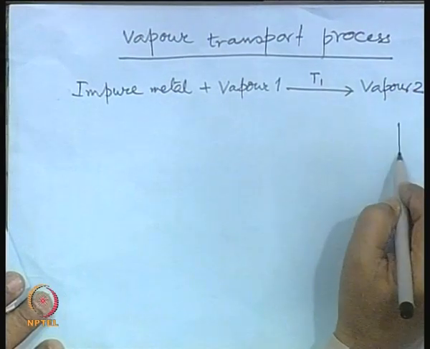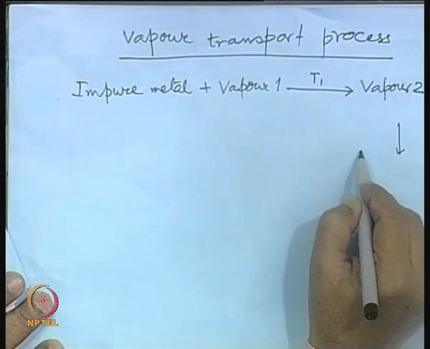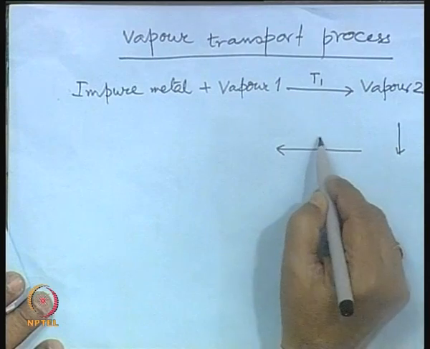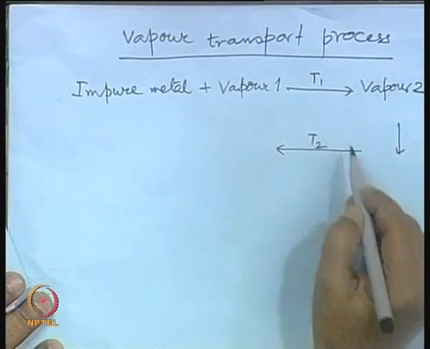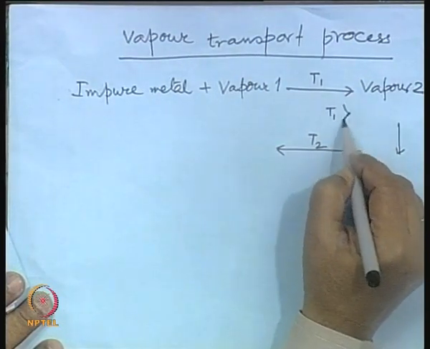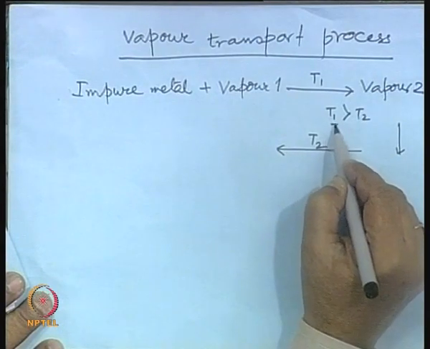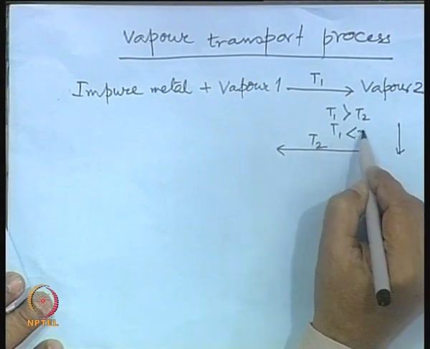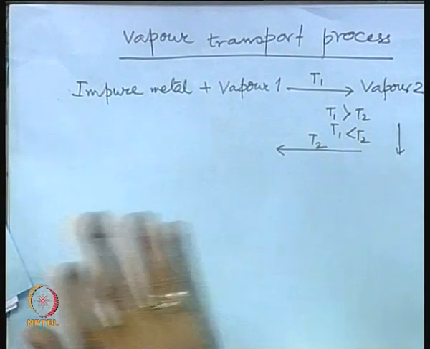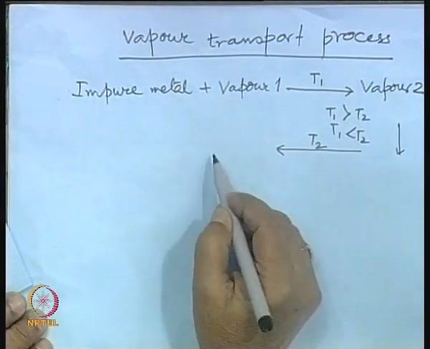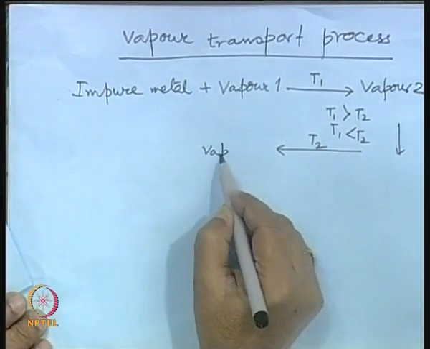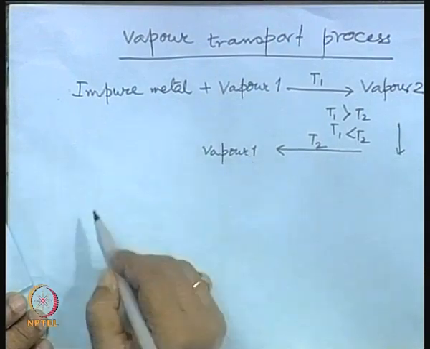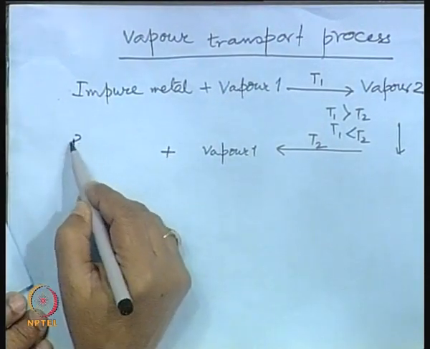This vapor is taken out and at another temperature, T1 can be greater than T2 or sometimes T1 can be less than T2, this reaction is reversed, which means we will regenerate the vapor 1, but now we will have pure metal.